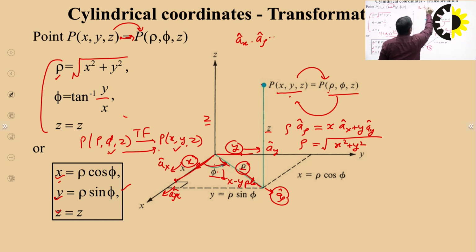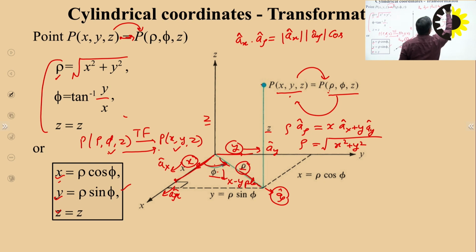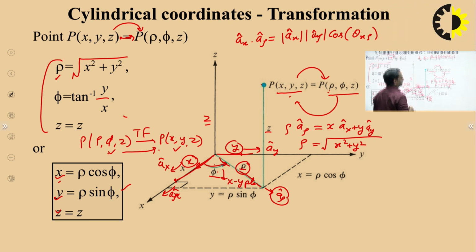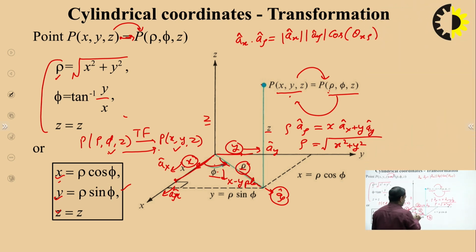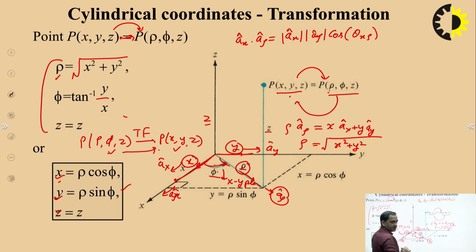This is nothing but magnitude of ax, magnitude of a rho, and cos of the angle between ax and a rho, right? We know this property of how we take the dot product of two vectors.